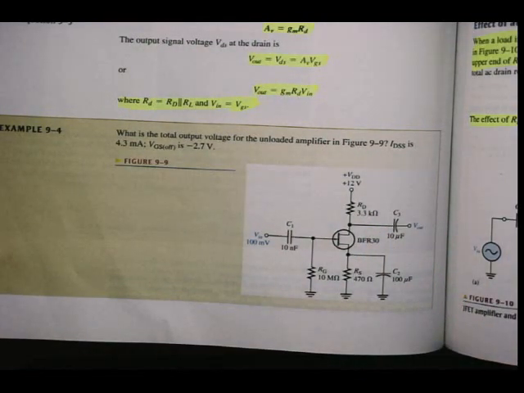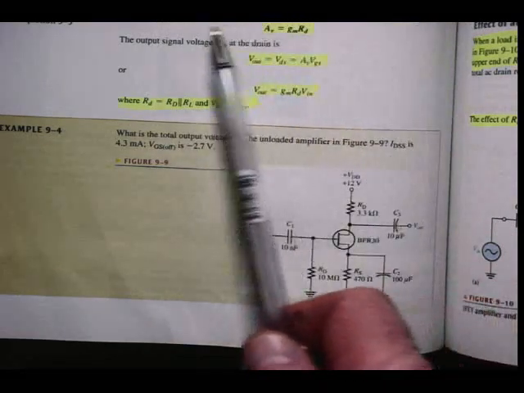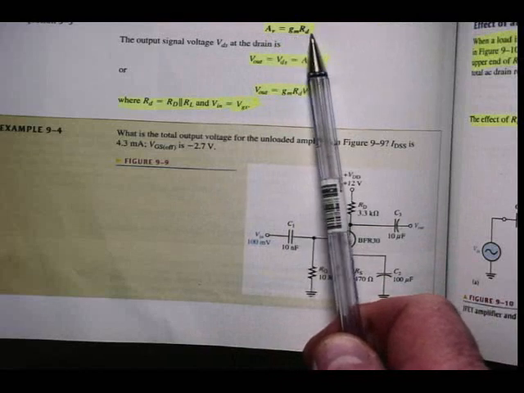Alright, now signal voltage at the gate. An AC voltage source is shown connected to the input in figure 9.8b. Since the input resistance to a FET is extremely high, practically all of the input voltage from the signal source appears at the gate with very little voltage drop across the internal source resistance. So VGS is equal to Vin. So the expression for voltage gain, as we've seen, is gm RD.